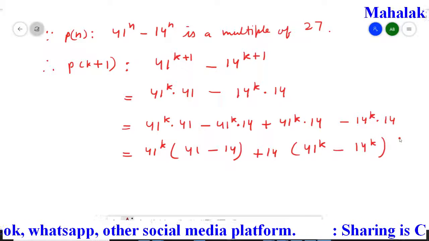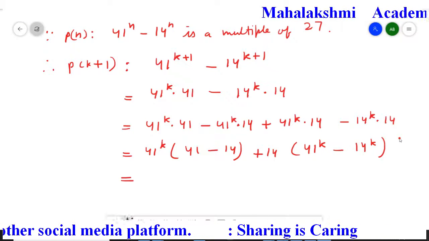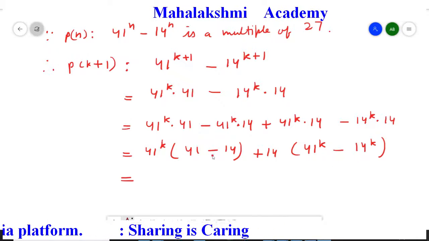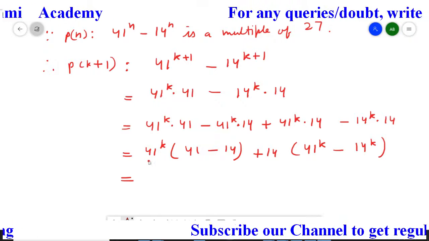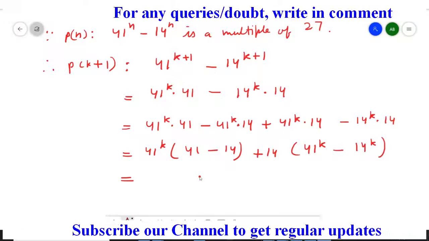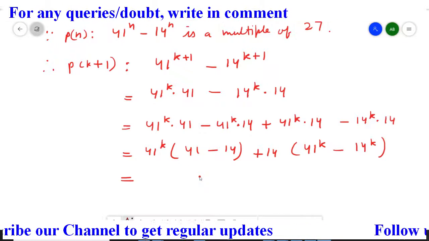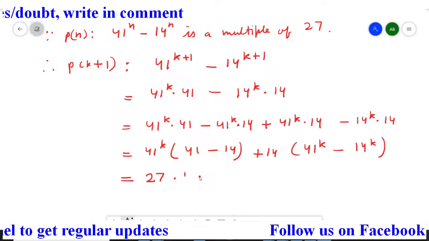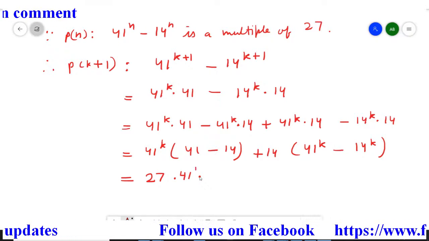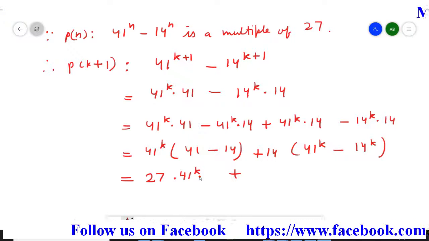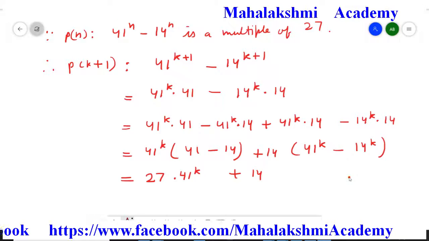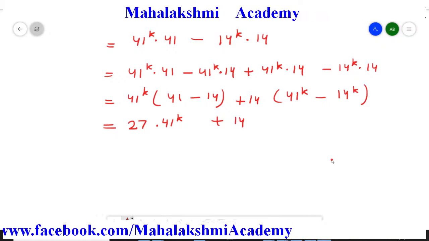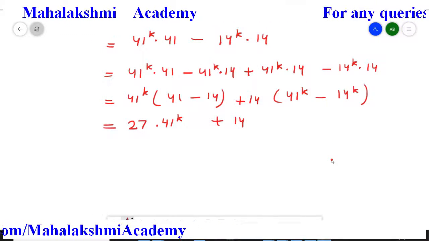Now when we solve this bracket, the subtraction is going to be 27. So we can write it as 27 multiplied by 41 raised to power k plus 14. Now this bracket from equation 1 we are going to replace here. First I am writing equation 1. What is equation 1?